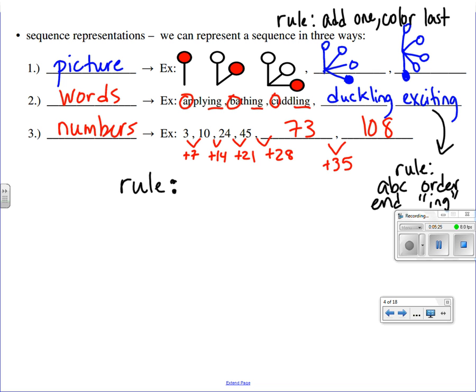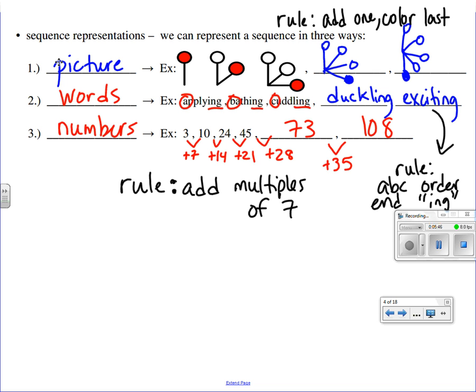Anybody got a better way to say it? Anybody know what these are called? 7, 14, 21, 28? Yes, good job, Rudy. Add multiples of 7. Good. Okay. All right. Any questions about that?